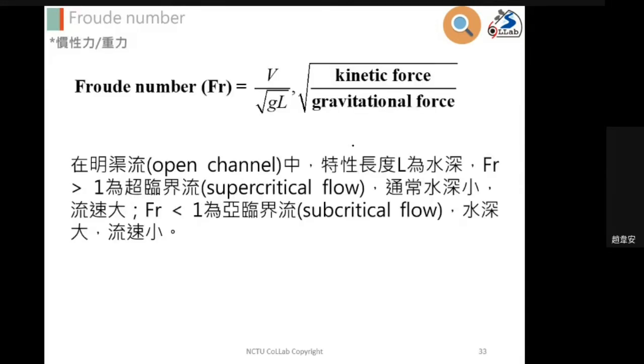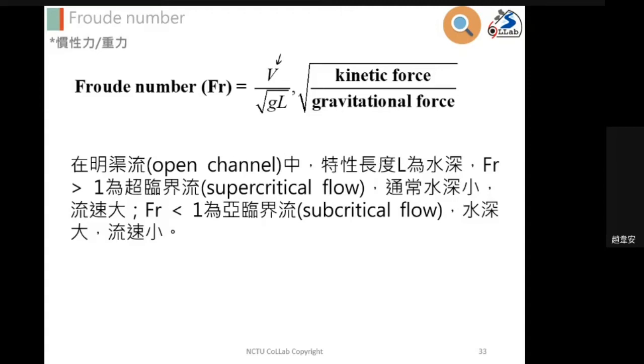And the final one is the Froude number. The Froude number is defined by the ratio between the velocity and the root of gravity times L. That's a very normal variable used in open channel problems.